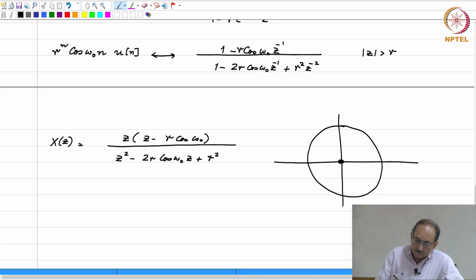So, there is a trivial 0, and there are two poles.